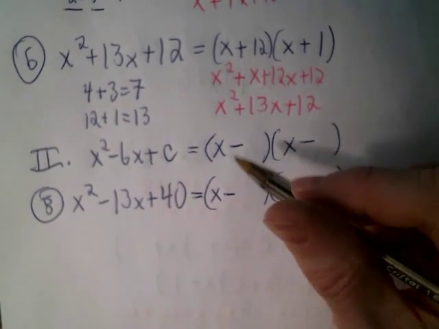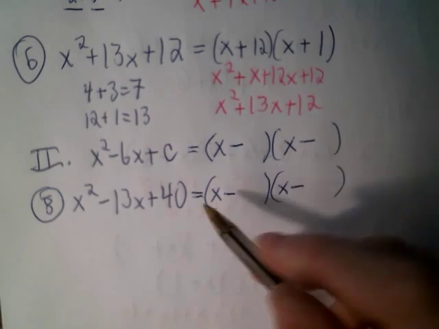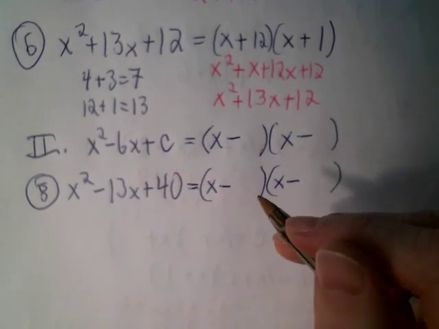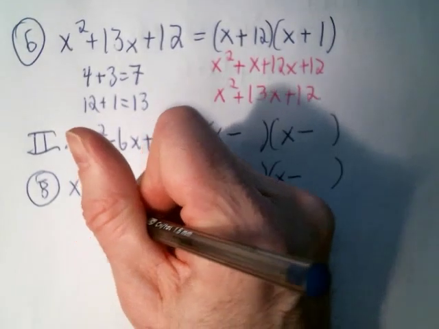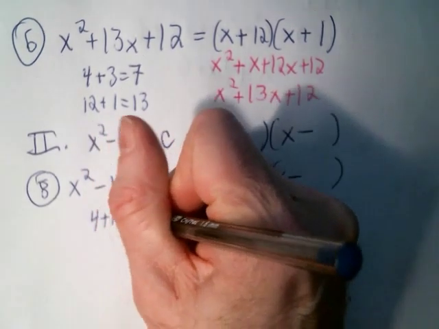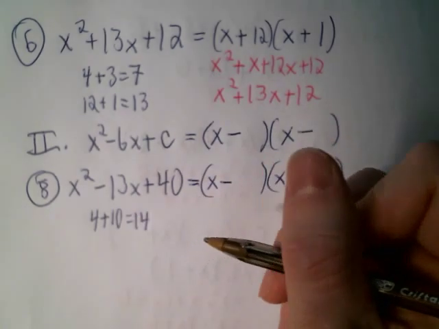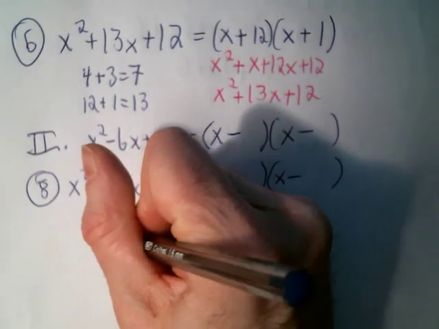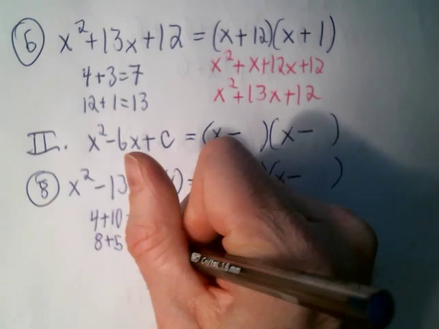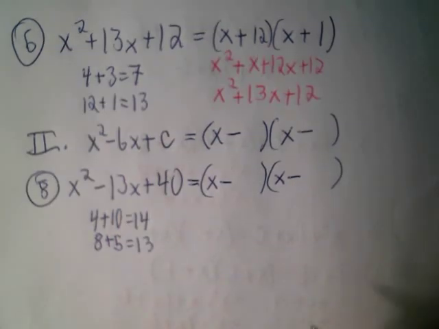Then I'm asking myself, what times what is 40, but adds together to give me 13. Okay, so 4 and 10 maybe, but if I add 4 plus 10, that's 14. That won't work. How about 8 and 5? I think that's the one. Okay, so 8 plus 5 is 13, and sure enough, that's the one.